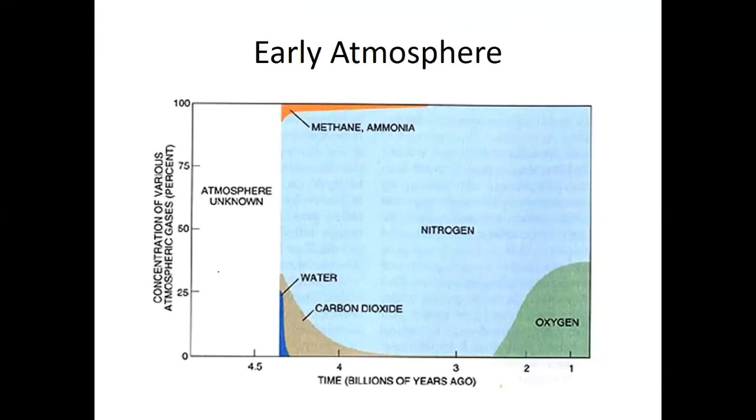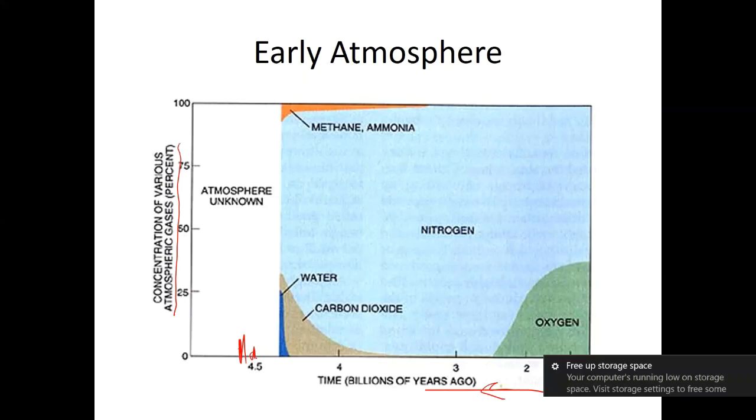So you can see here, this is the concentration of various gases in the atmosphere as a function of time. Today is over here, and this is going backward in time in billions of years ago. So 1, 2, 3, 4, 4.5. So the Earth's formation runs right here.